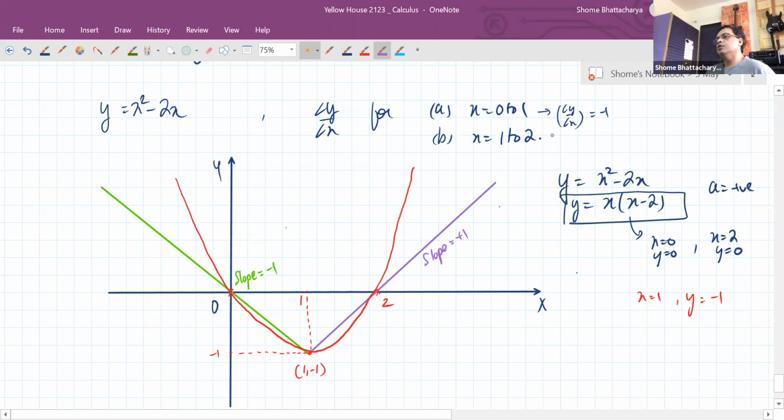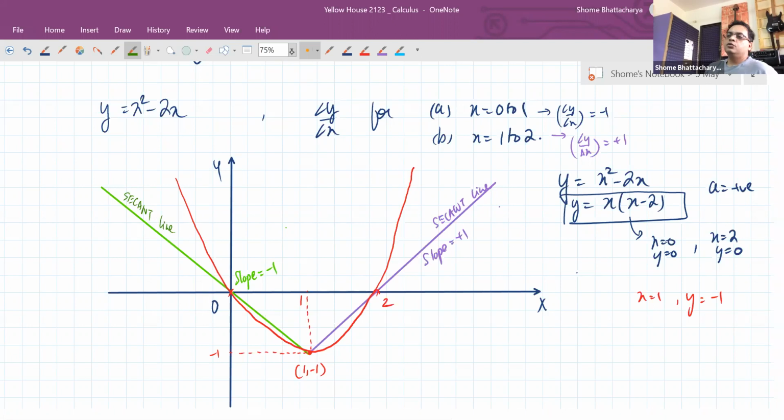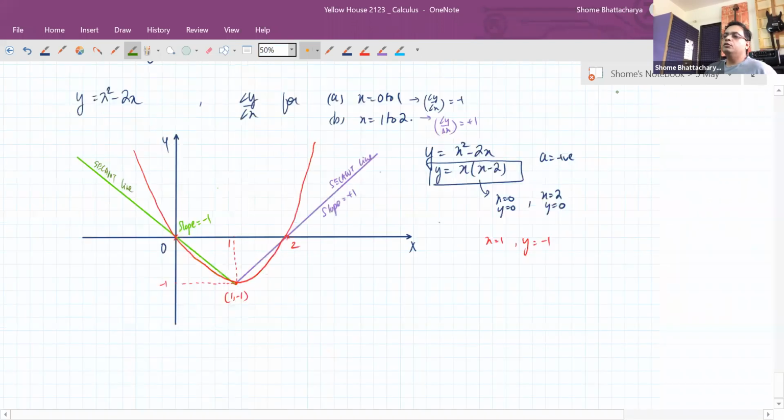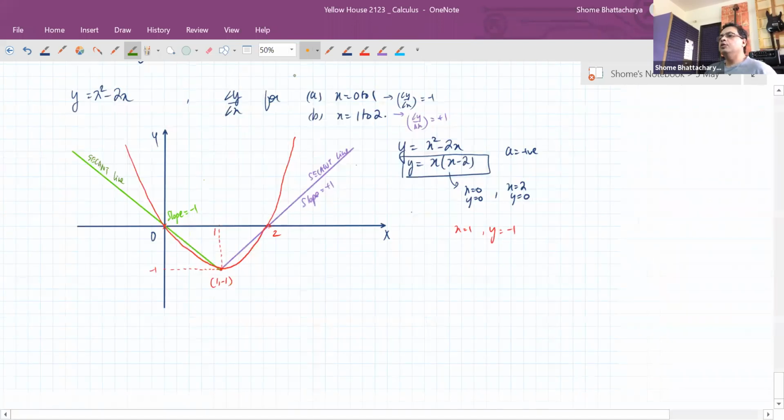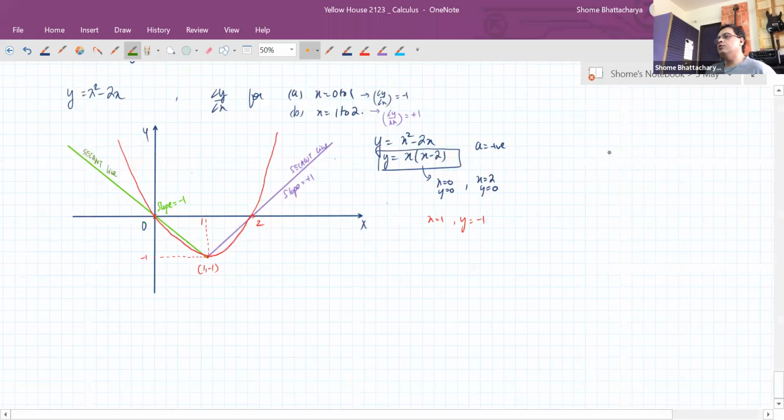Okay, so this one should have a delta y by delta x equal to +1. So this is just showing you in practice how it all works. Whatever we are seeing in terms of formula, how it works with respect to the actual graph also.